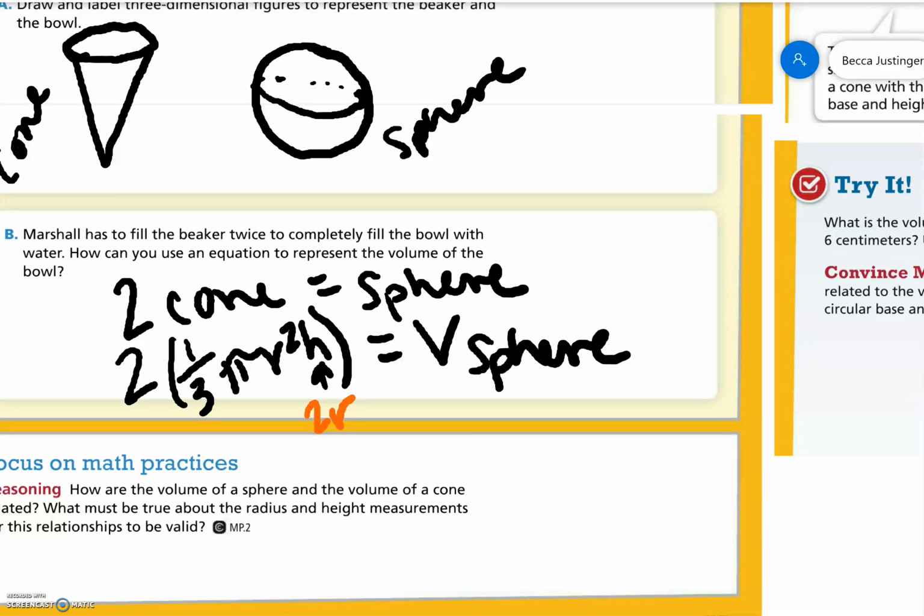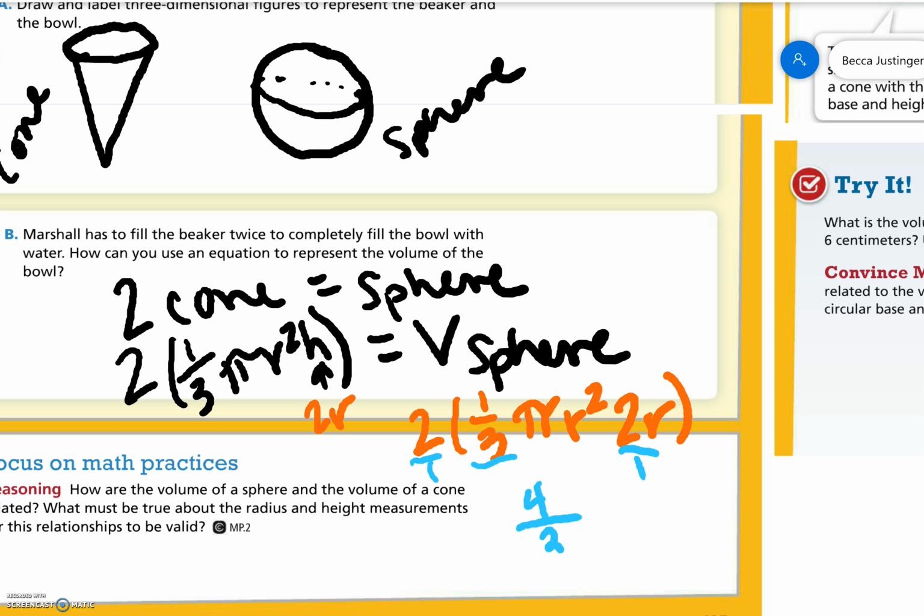That would make the formula 2 times 1/3 pi r squared 2r. If I wanted to combine some things, I could multiply 2 times 1/3 times 2 by putting the 2's over 1. So 2 times 2 is 4 over 3 pi r squared times r is r to the 3rd power. Then we have the volume for a sphere.